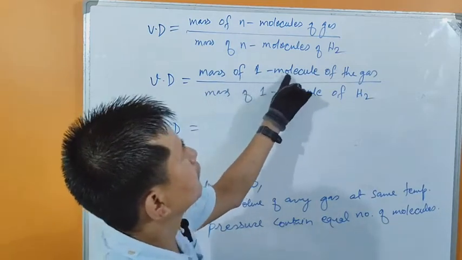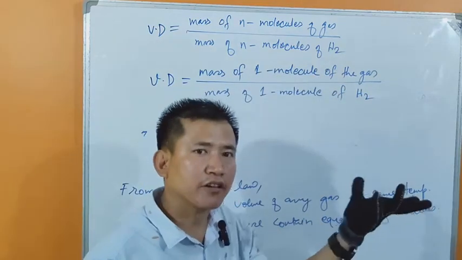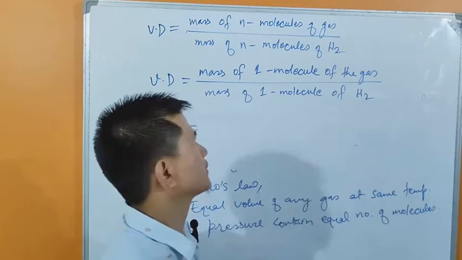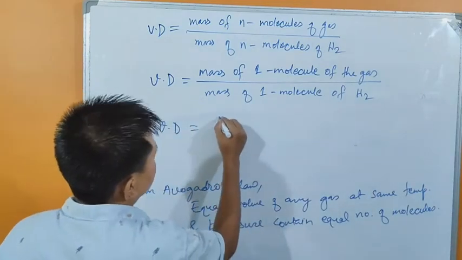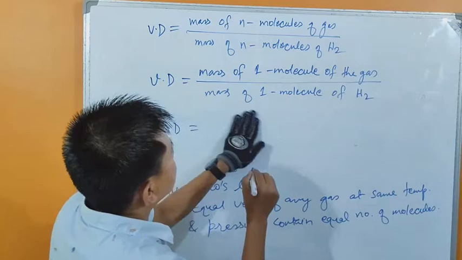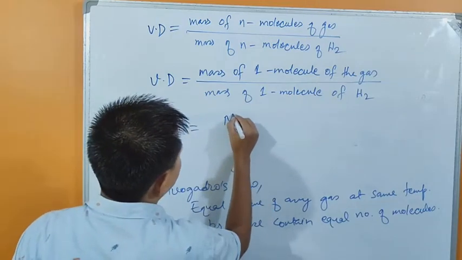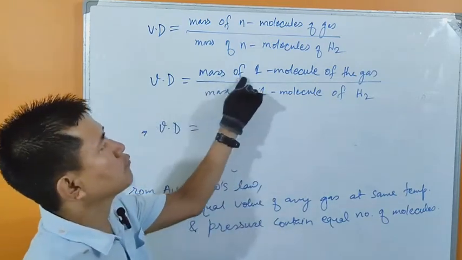So vapor density equals the mass of one molecule of that gas, which means molecular mass.